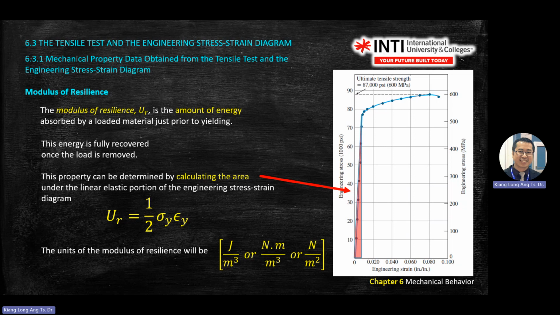Then on the diagram, stress versus strain. You should know how to read the graph by now. There is an elastic region that gives you the modulus of elasticity E. It is this straight line.